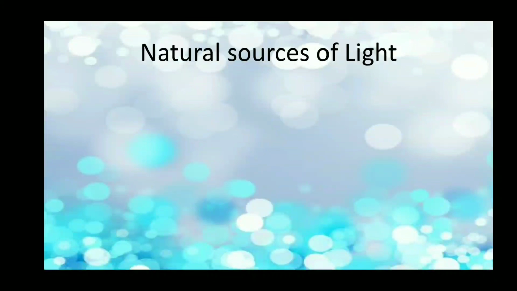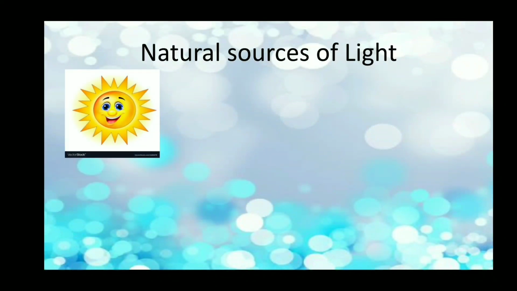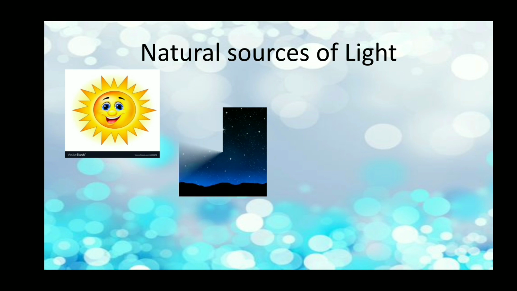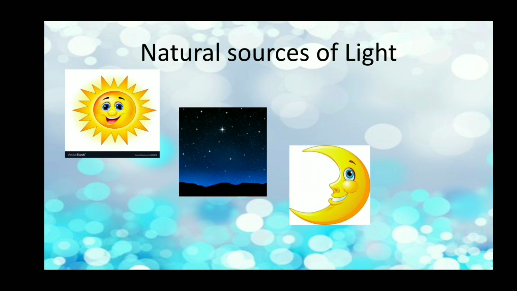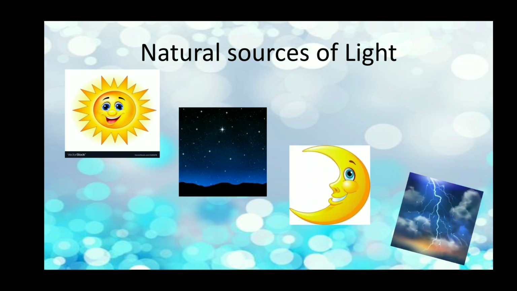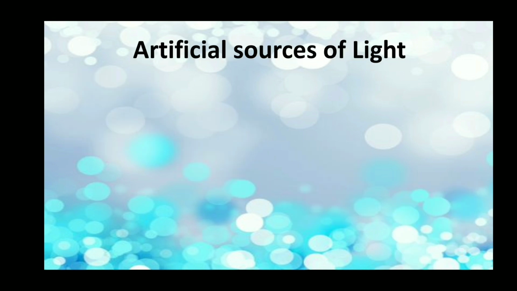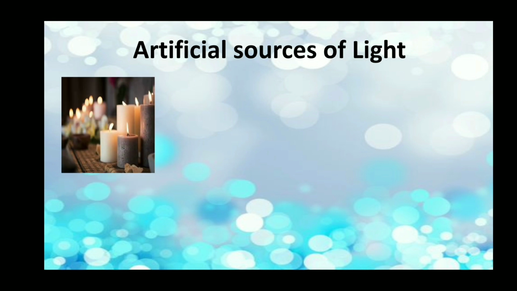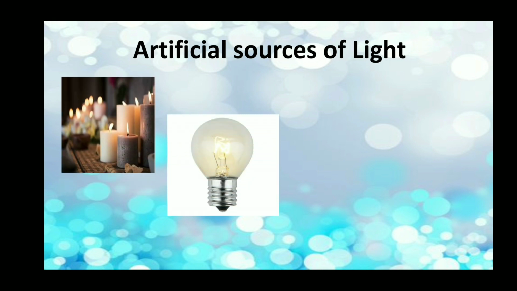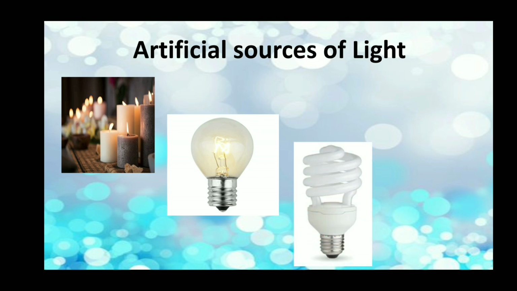The natural sources of light are sun, star, moon, lightning. The artificial sources of light are candle lights, bulbs, LED lights, and fluorescent tubes.